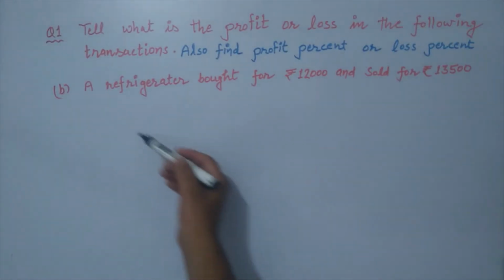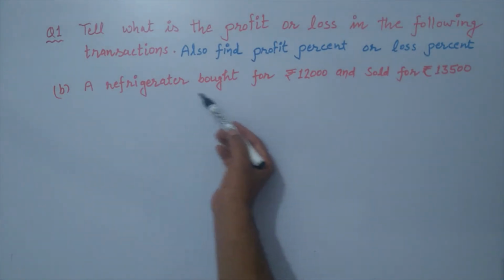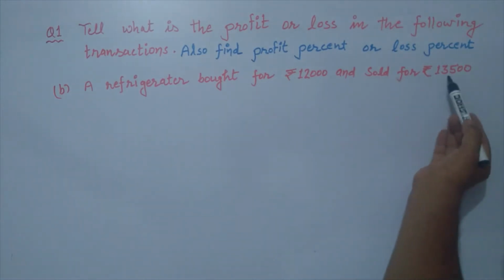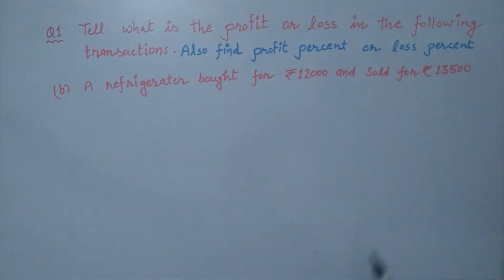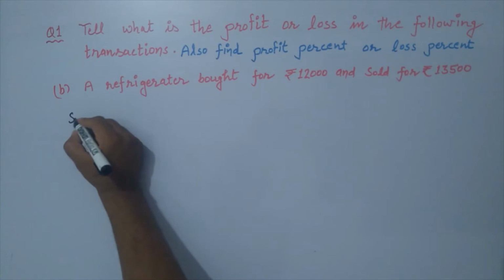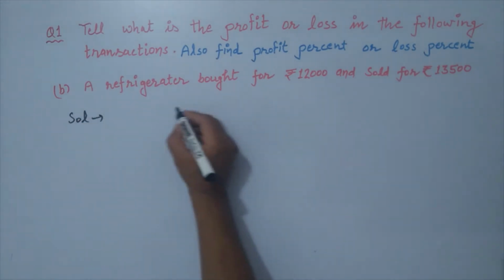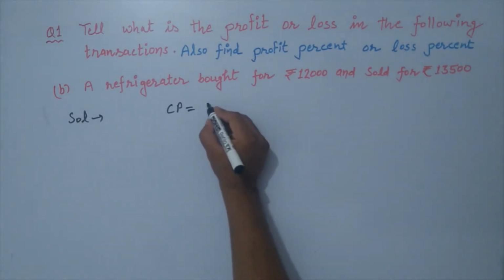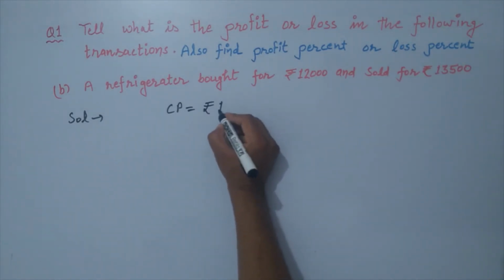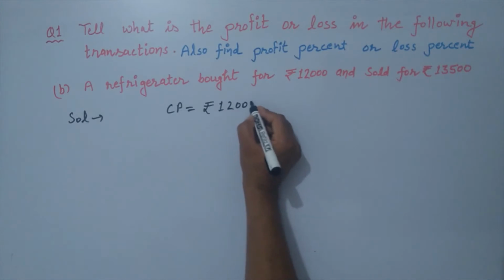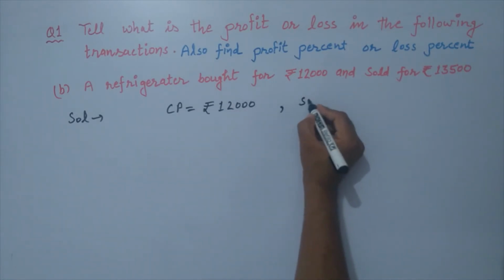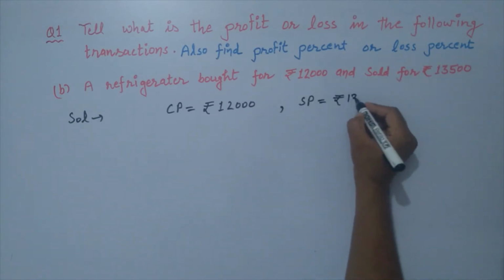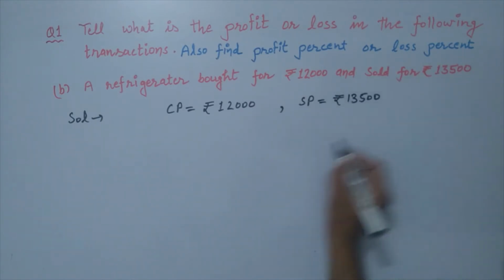Second part, a refrigerator bought for rupees 12,000 and sold for rupees 13,500. Here cost price is equal to rupees 12,000 and selling price is equal to rupees 13,500.